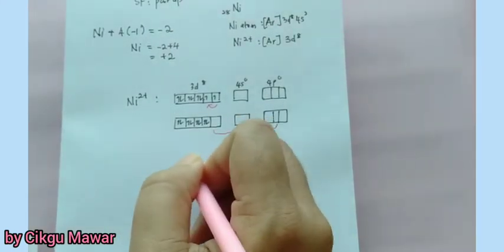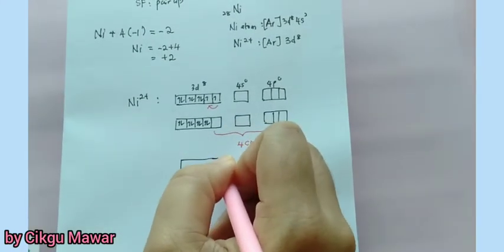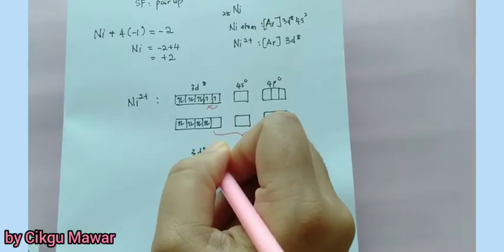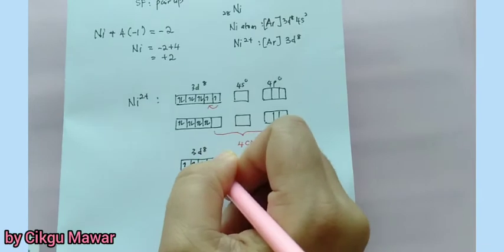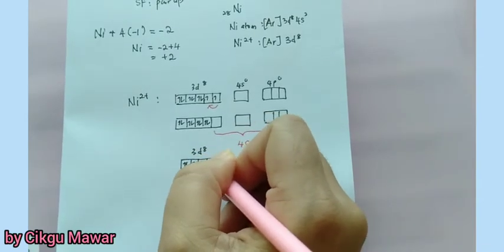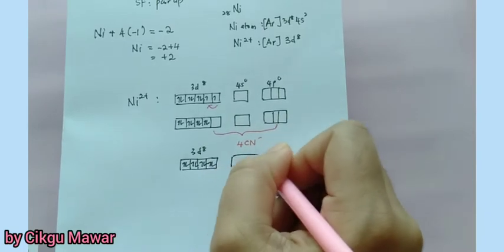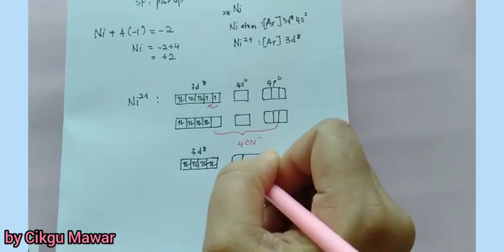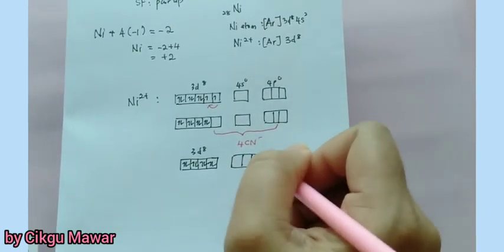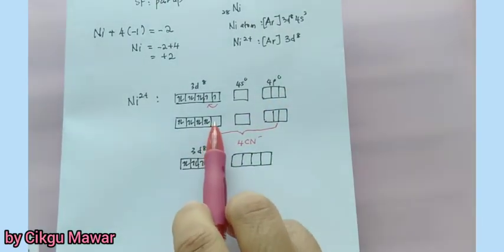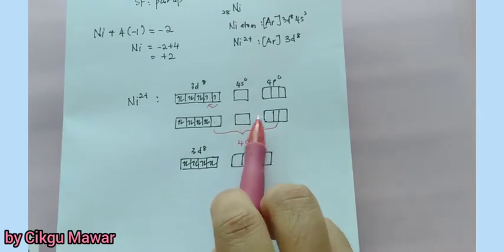Now we have the 3d8 orbitals, which are already fully filled, and also we have 1, 2, 3, 4 orbitals, which involve 3d, 4s, and 4p.